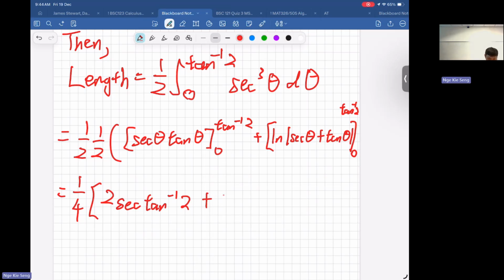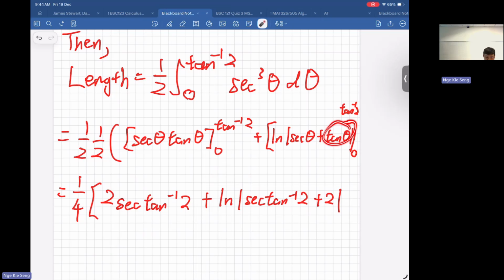On the other side, we get ln of secant tangent equals 2 plus 2, minus ln 1. Tangent 0 is 0, secant 0 is 1 over 1, so ln 1 is 0. So you get these two terms. This is the length.